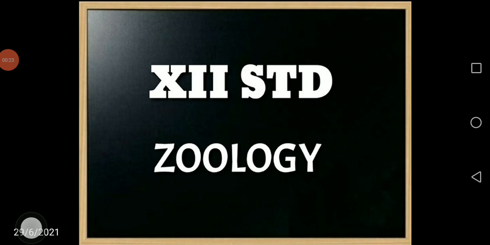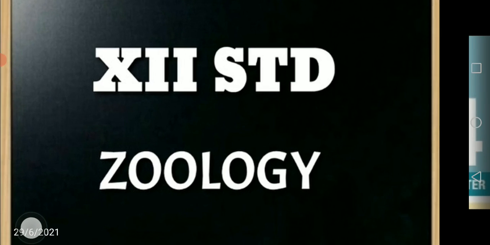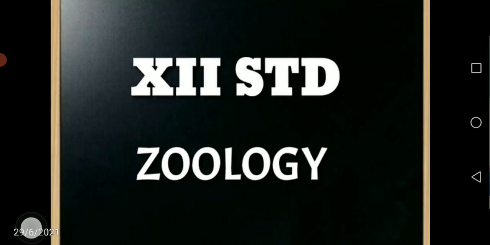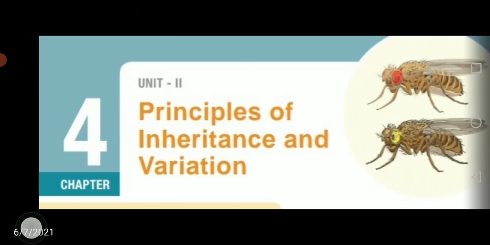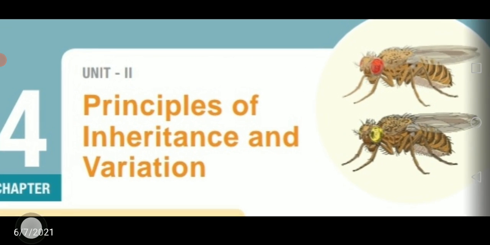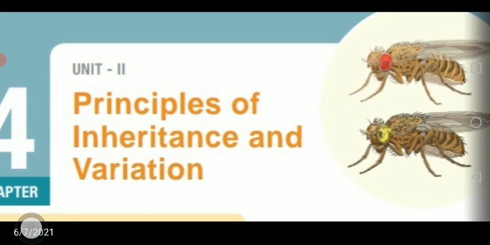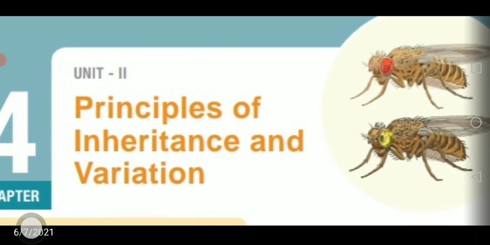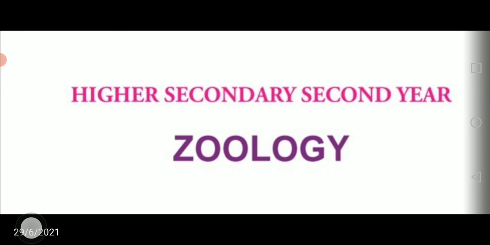Dear students, this is 12th Zoology, Chapter 4, Principles of Inheritance and Variations. Higher Secondary, second year, Zoology.